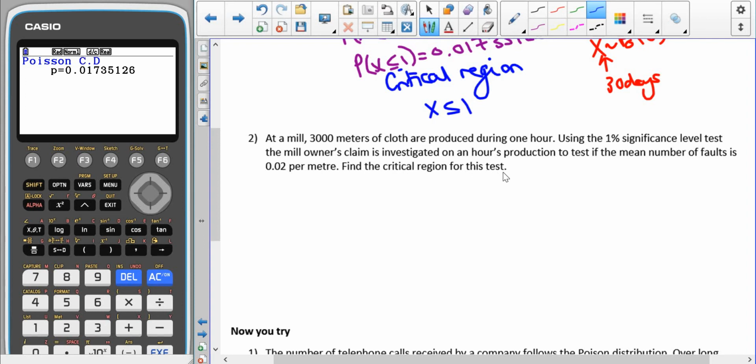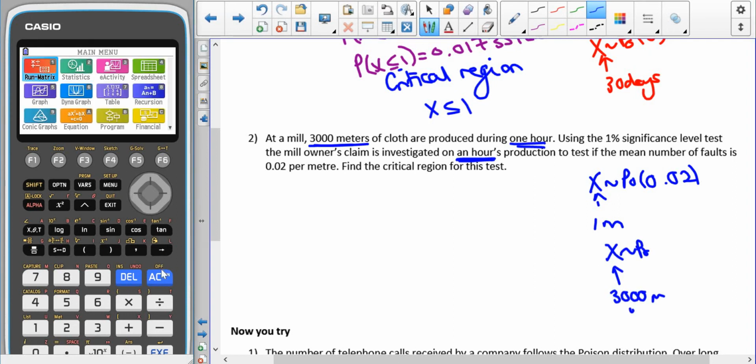Find the critical region of this test. So we've got 0.02 per metre. We're doing this for an hour's production. We know that in 1 hour, 3,000 metres are produced. So we need to change this from 1 metre to 3,000 metres.